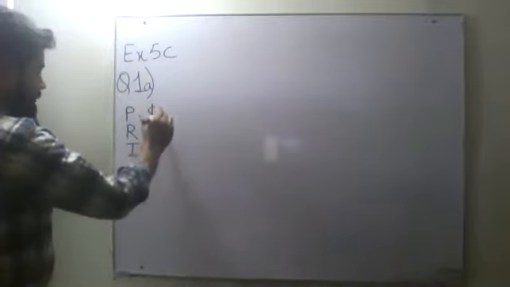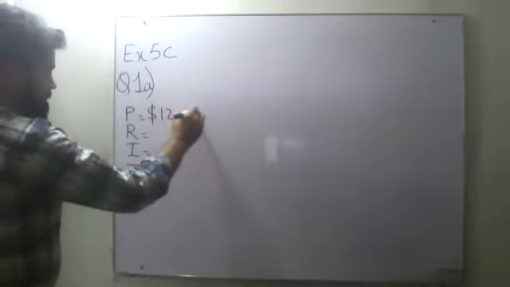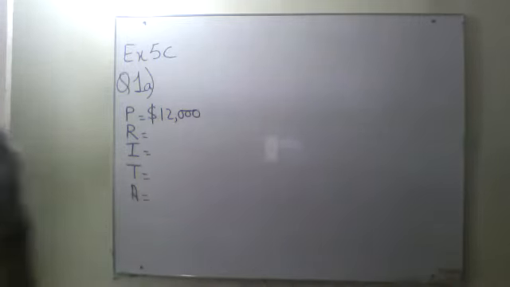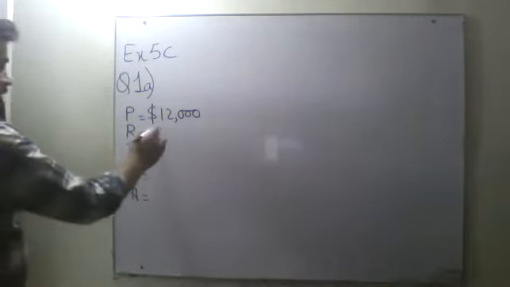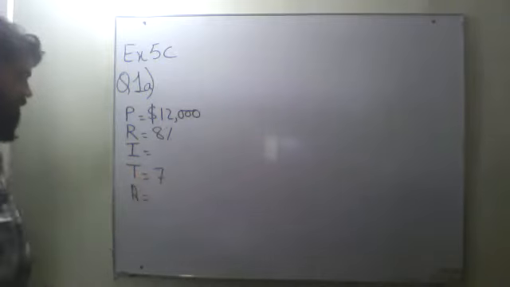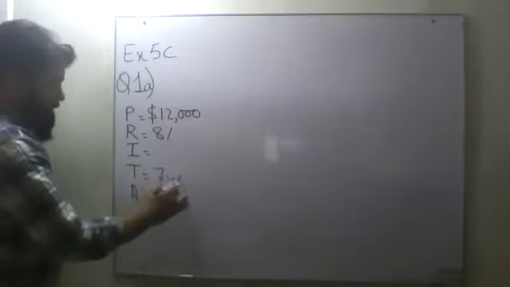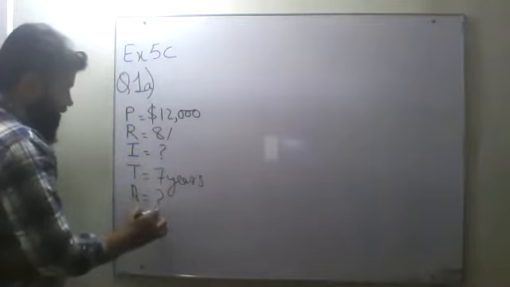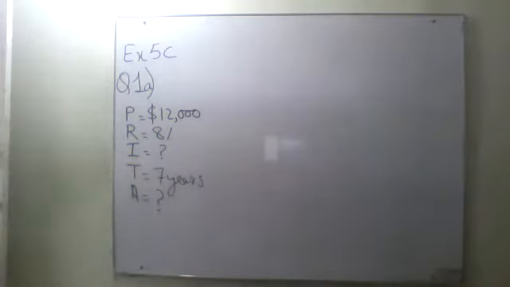So first of all, I am going for question number 1, part A. In part A, they are saying that a person is depositing $12,000 at a rate of 8% for 7 years, and you have to find interest and you have to find the total amount.